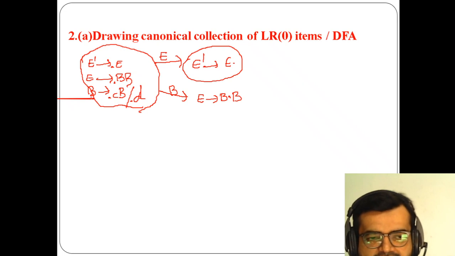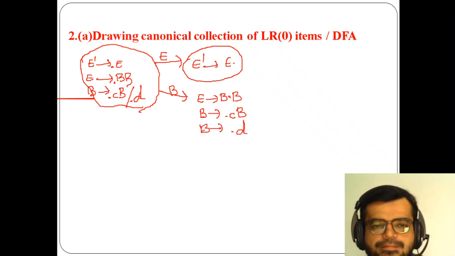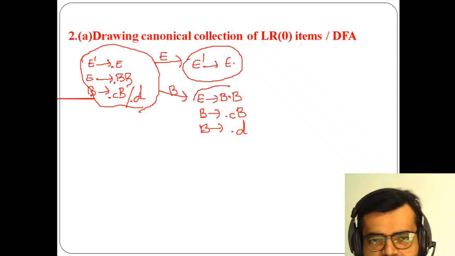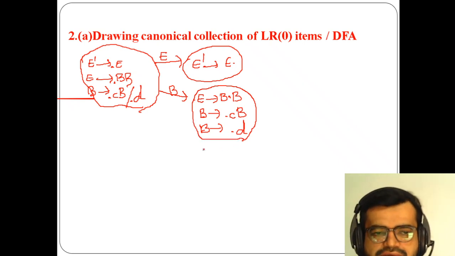The same productions I have to write here: B of dot cB, and on another line, B of dot d. After that nothing is there, so here it is completed.